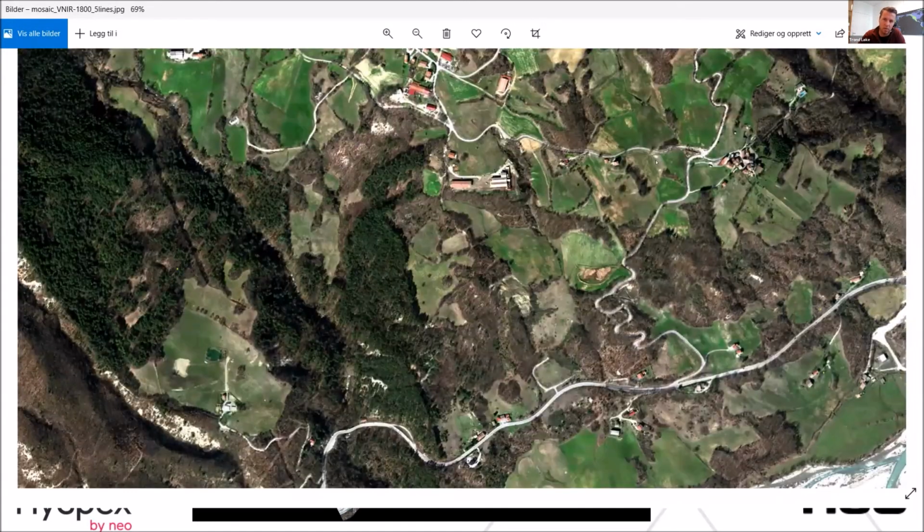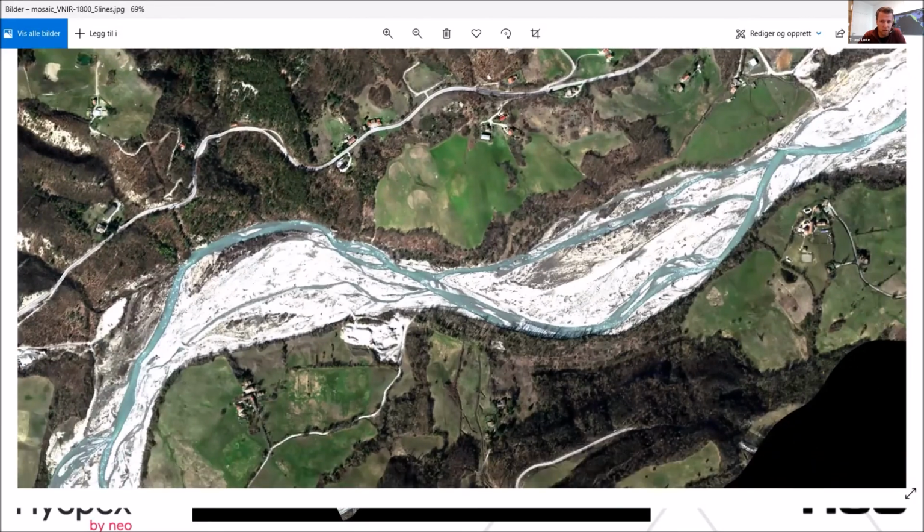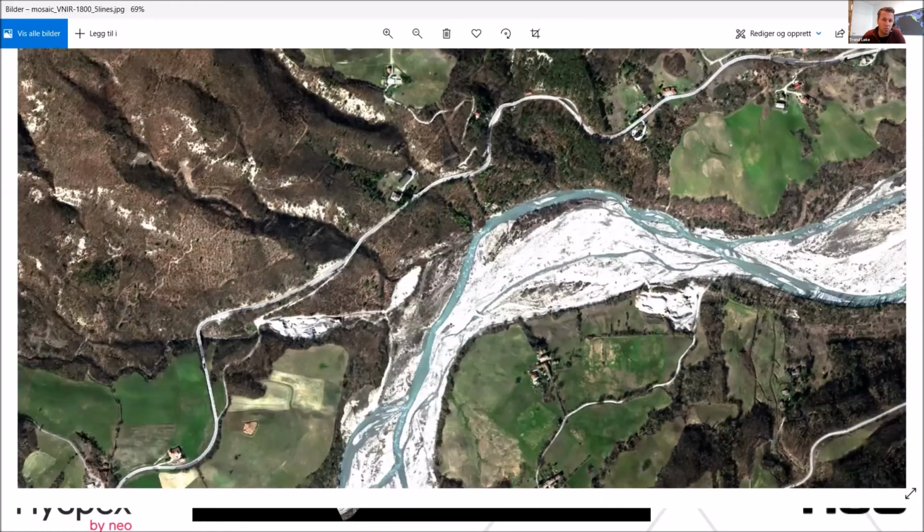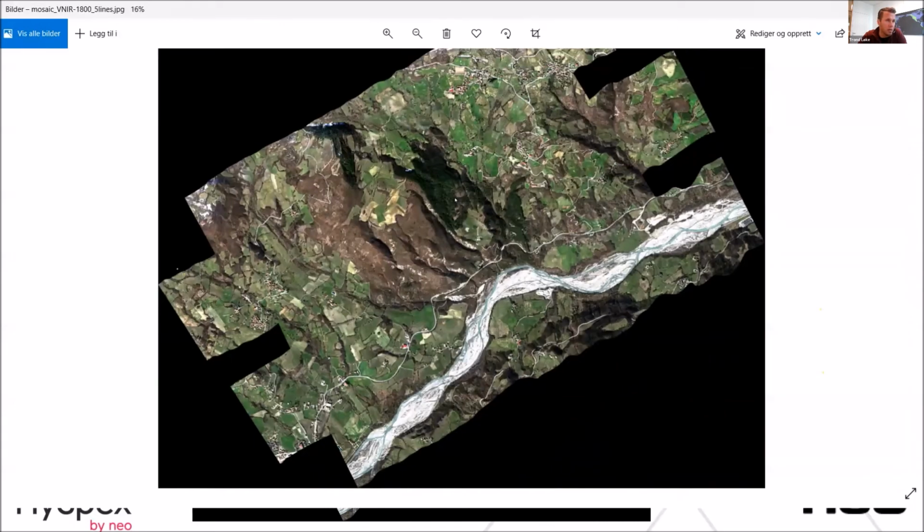So this is the goal here, right? To have a system that you can fly and where you can always do direct referencing with sub-pixel accuracy.